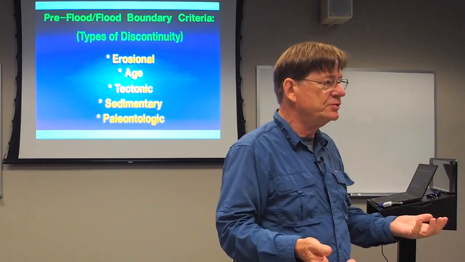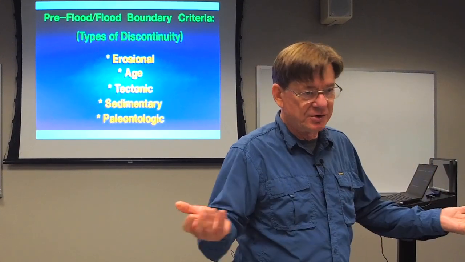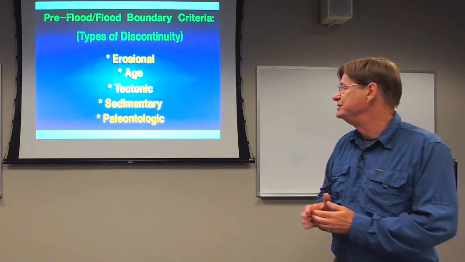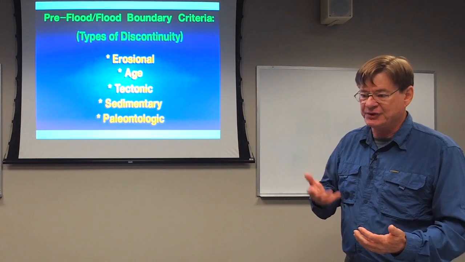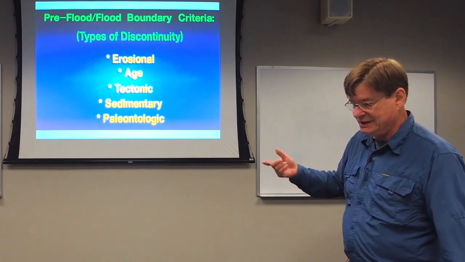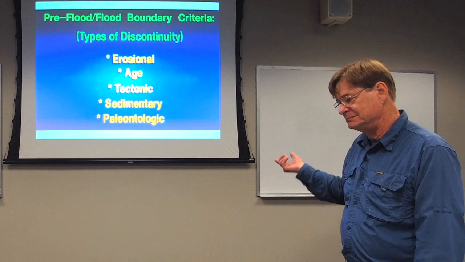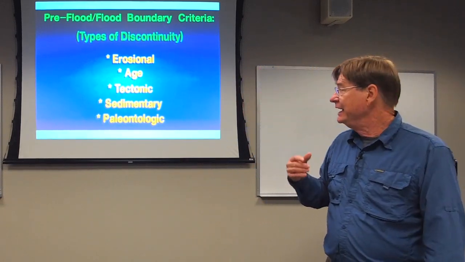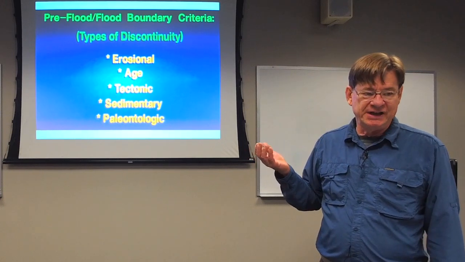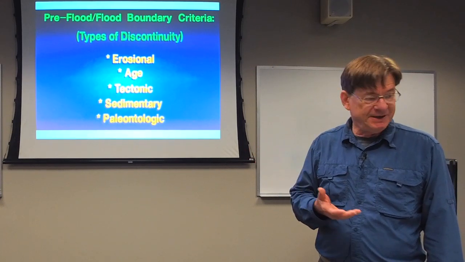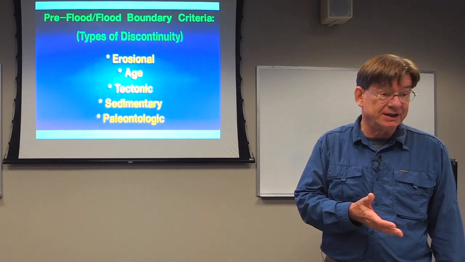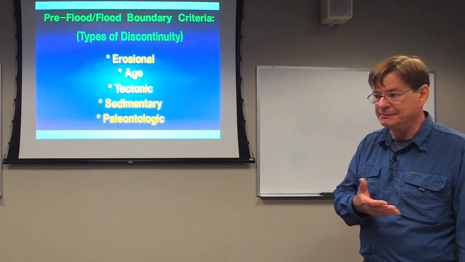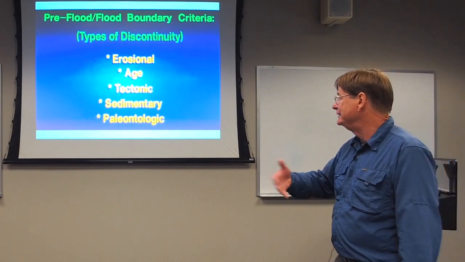Major erosion would produce unconformity, which is a stratigraphic feature that might be a primary evidence of the pre-flood flood boundary. An erosional discontinuity might be associated with day 3 of creation week as well. You might imagine that: waters be gathered together in one place, let the dry land appear.